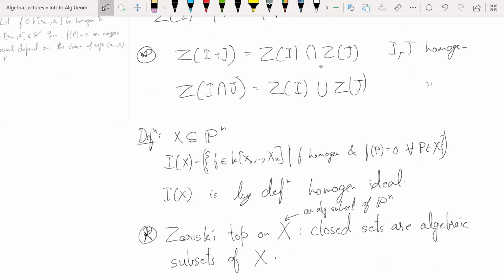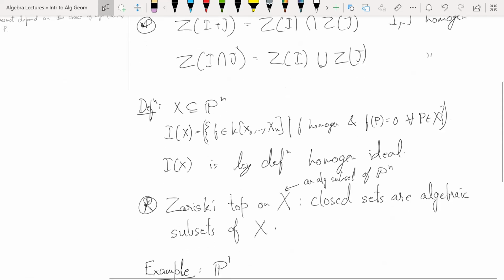If you look at the zero set of this ideal, you'll get X if X were an algebraic set. Otherwise, what you'll get is its closure, if we define the Zariski topology to be as follows. Maybe I'll write it after defining this.